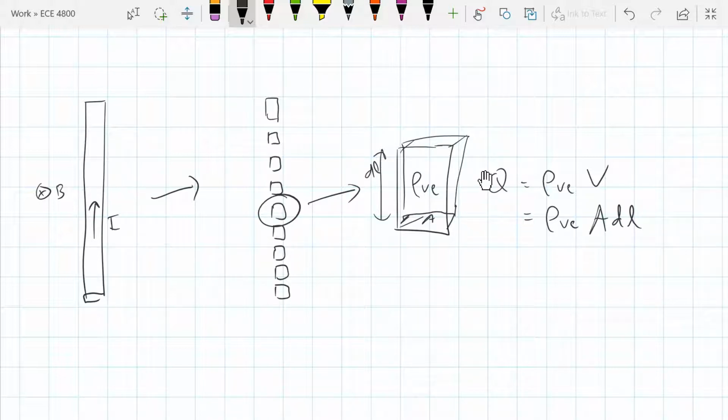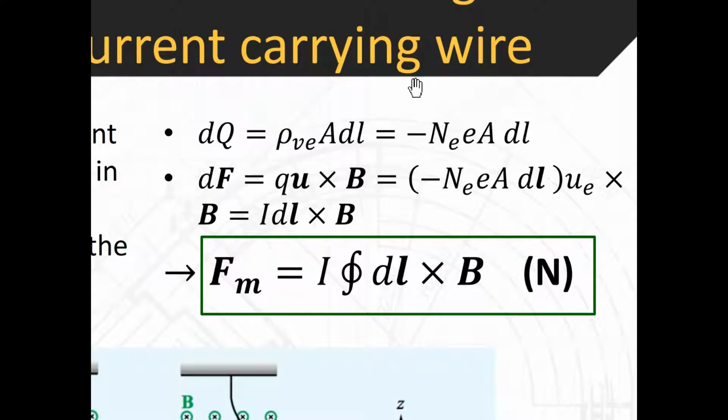All right, so that's the total charge contained in that little box, that little segment of the wire. And rho_ve, the charge density, is equal to the number of charge carriers that you have in the material. So this is a material property, and then e is a constant, 1.6 times 10 to the negative 19. So that's where these two numbers come from. So we did that to figure out the amount of charge in that little segment.